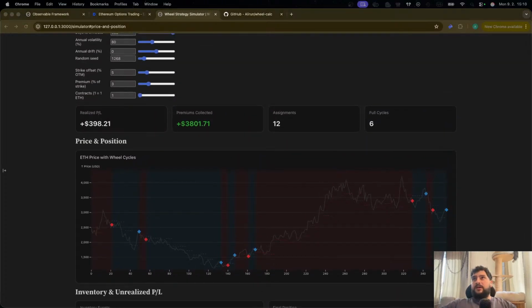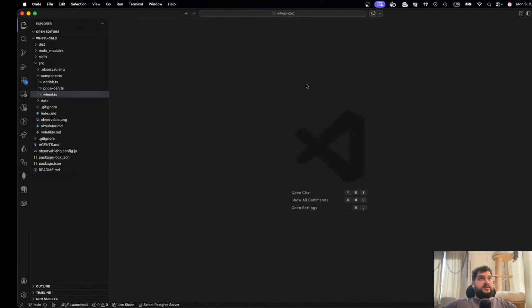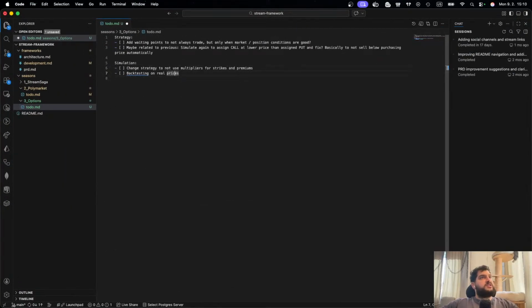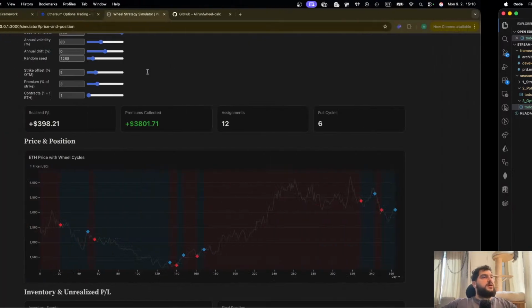So we need to try different approaches. One approach would be to sell options with strike prices much higher. I think it's better that we change this first, actually.